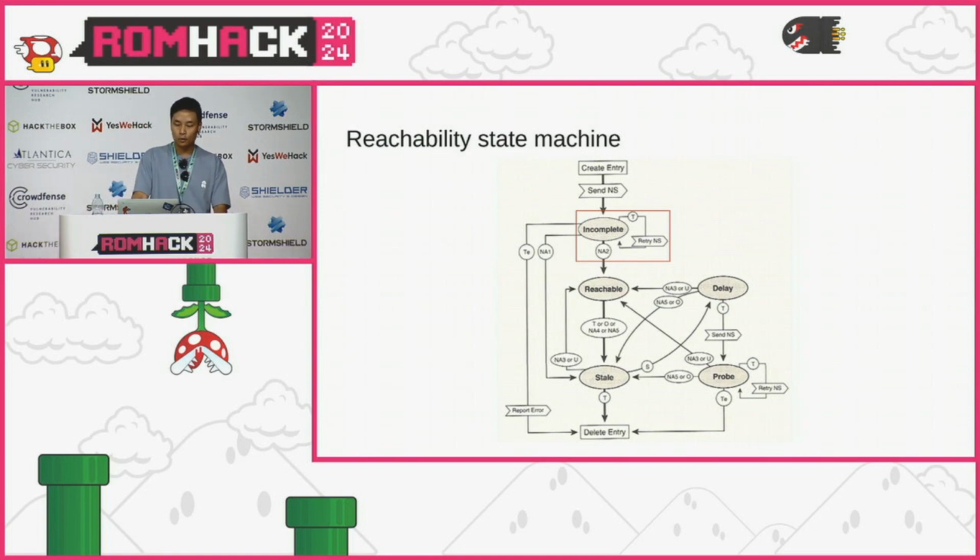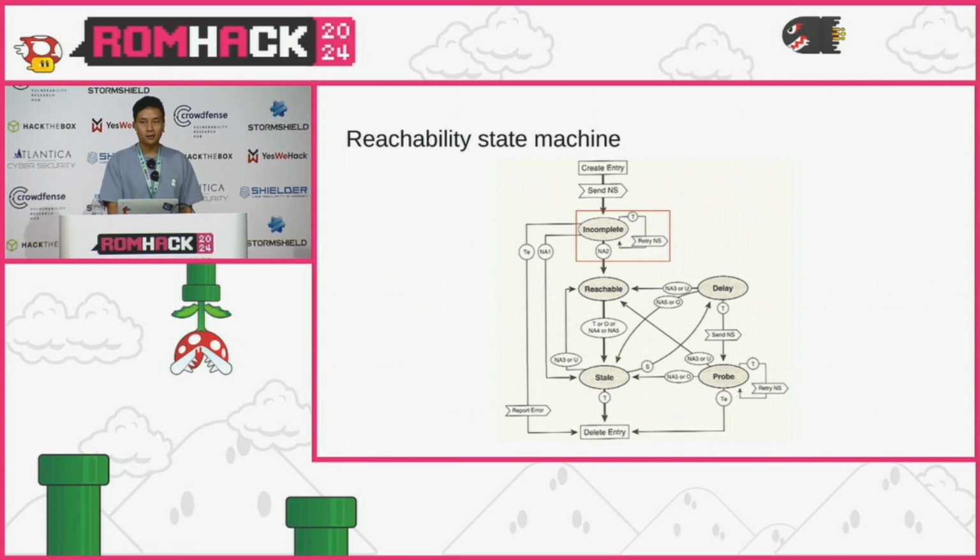So when a node on the local network receives a packet from a different node for which there's no entry of the IP address or the MAC address yet, it sends this neighbor solicitation packet to request the MAC address. When the peer receives it, it replies with a neighbor advertisement packet with its own MAC address. Once the other node gets the response, it goes to the reachable state, which has a TTL of 24 hours.